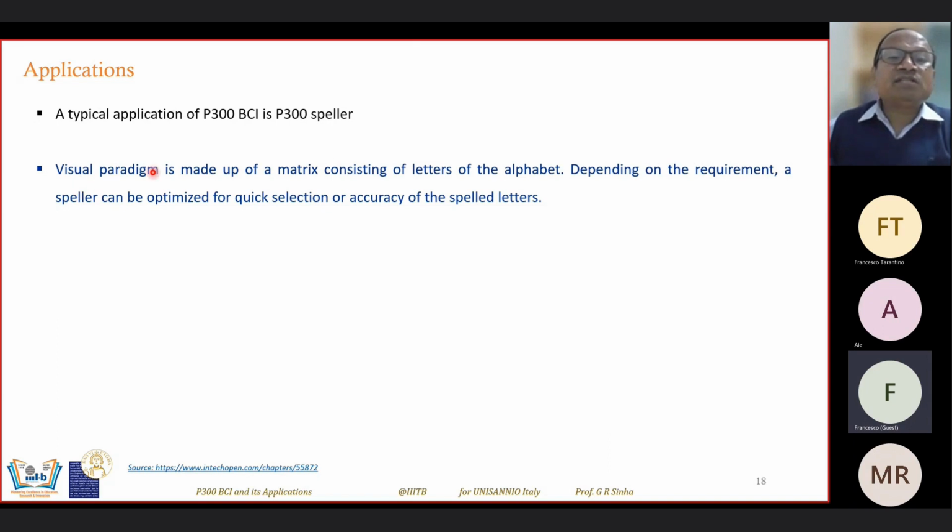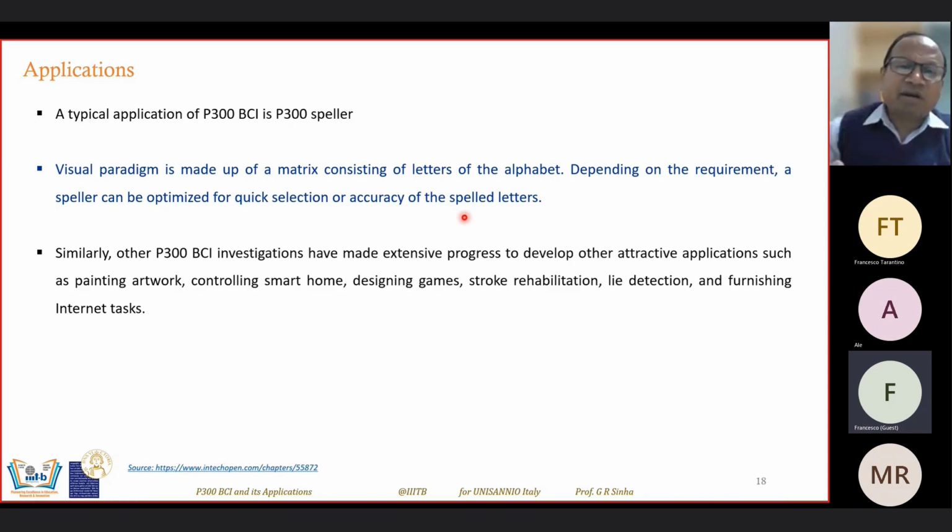The visual paradigm is made up of a matrix consisting of letters of the alphabet, and depending on requirement, a speller can be optimized for quick selection or accuracy of spelled letters. So there may be different types of matrices and different types of spellers. Similarly, in other P300 BCI investigations, there is enough progress in this area to develop other attractive applications such as painting artwork.